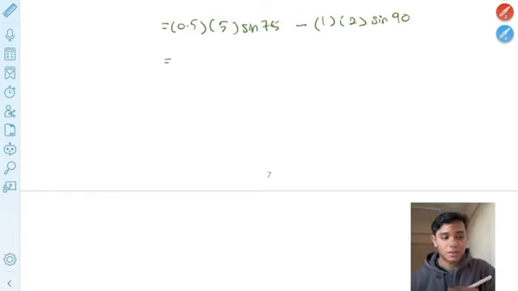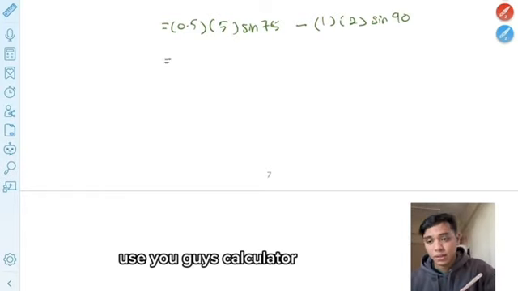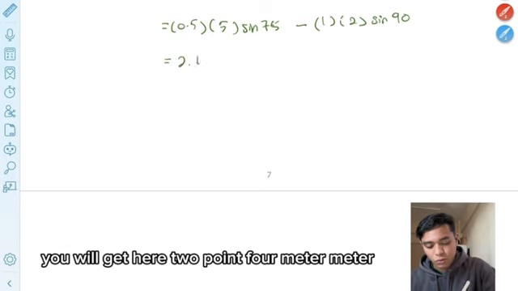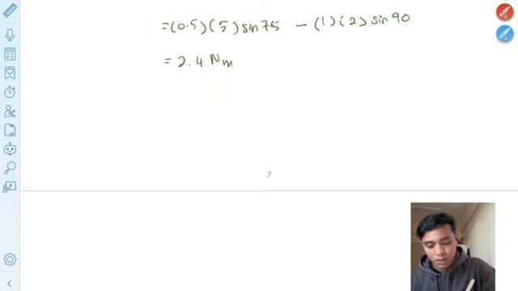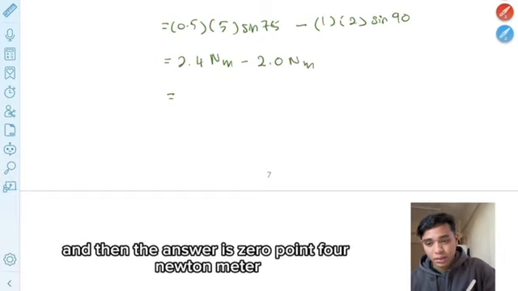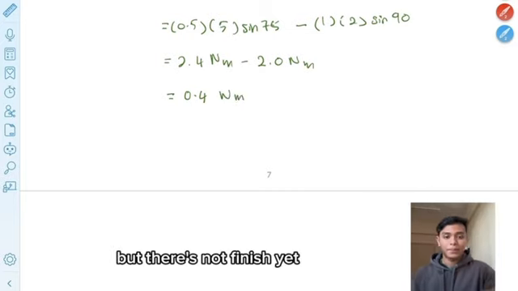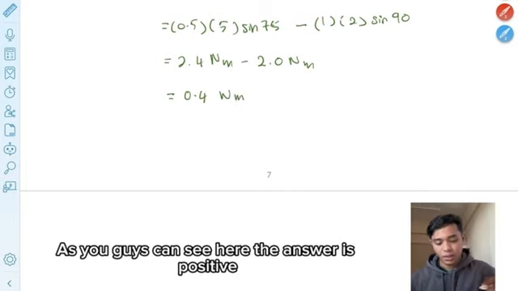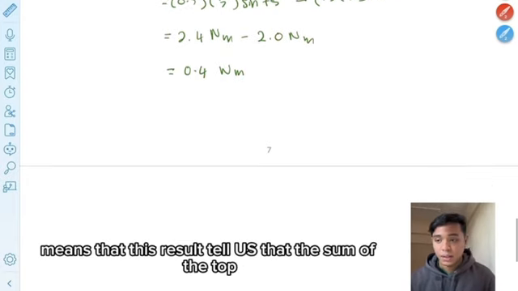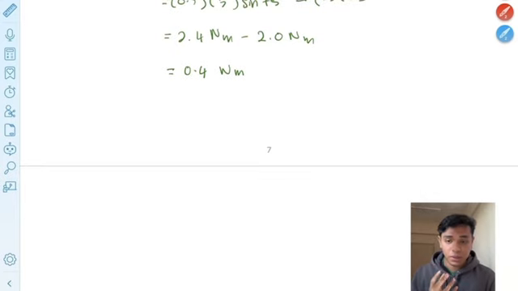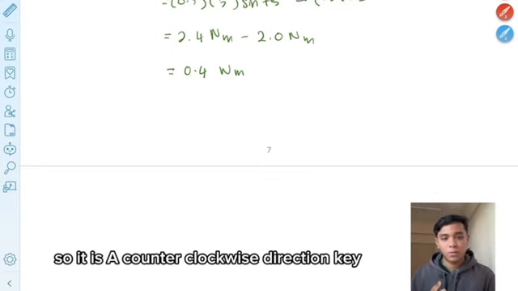If you use your calculator, you will get 2.4 newton meters here, and here a minus 2.0 newton meters, and the answer is 0.4 newton meters. But that is not finished yet. As you can see here, the answer is positive. This result tells us that the sum of the torque on the bar is positive, so it is in the counterclockwise direction.